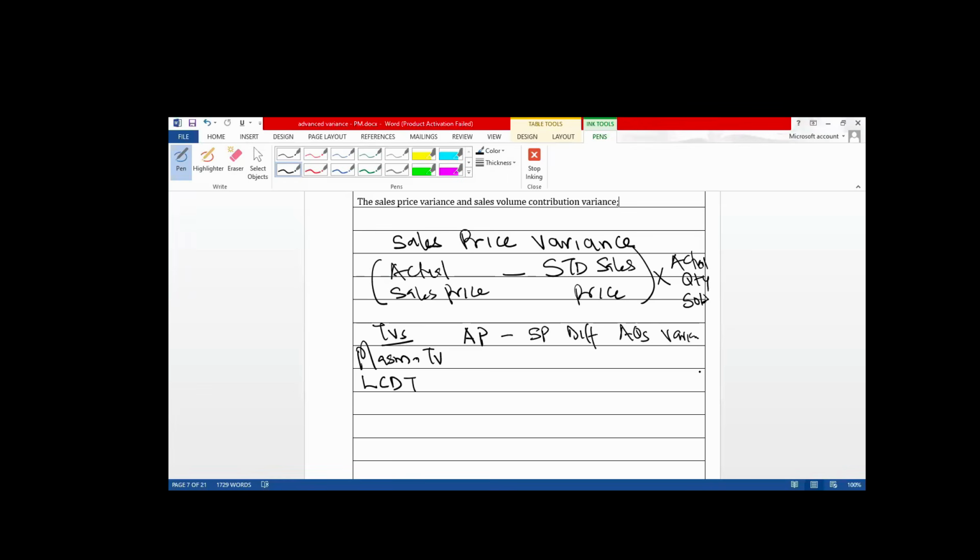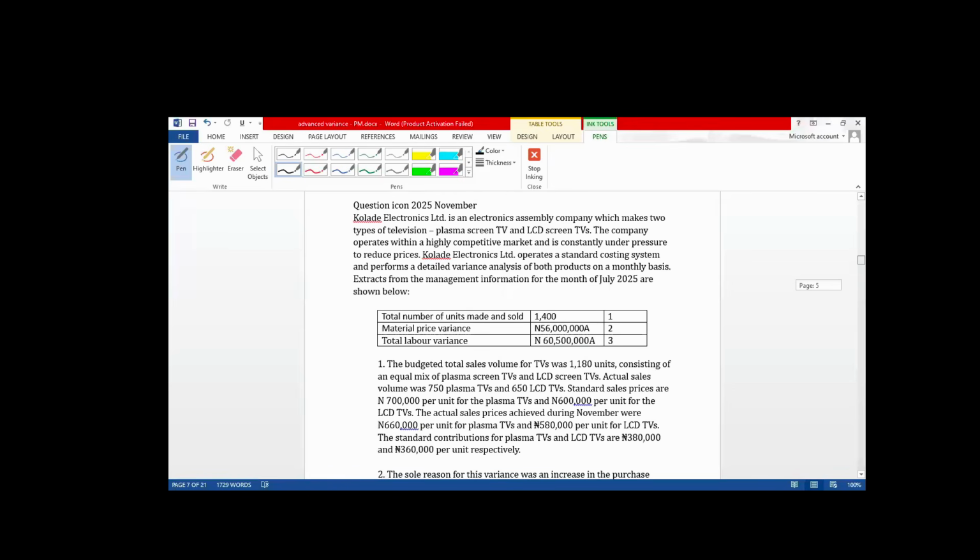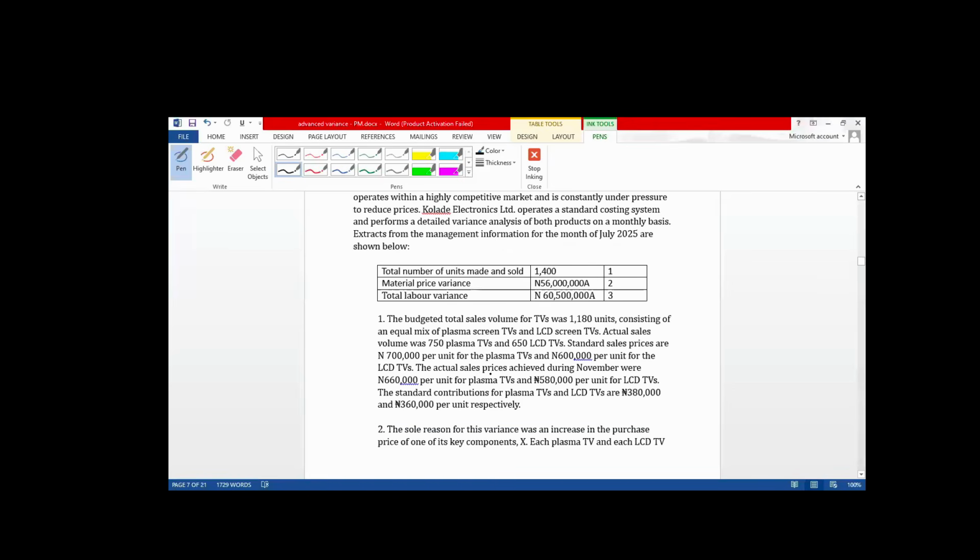Go back to the question. Look at note number 1. The actual sales price achieved during November: 660 for plasma TV, 580 for LCD. Standard selling price 700 for plasma, 600 for LCD.